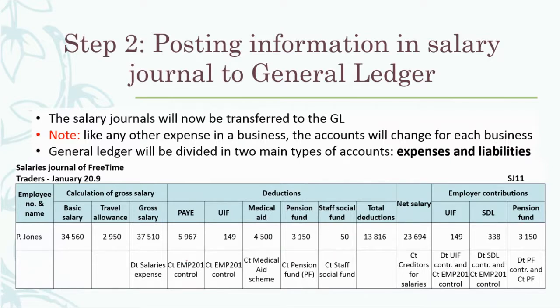All the amounts that were deducted go to credit accounts, because those are liabilities that we need to pay over to that individual supplier. Then we credit creditors for salary, which is the net amount. Now this debit here equals all of these credits there. So I'm just going to highlight here and repeat this: all of these credits equal the debit here.